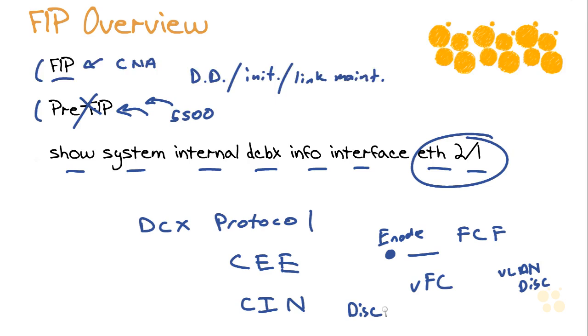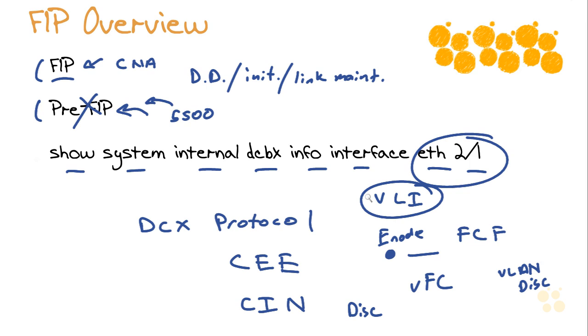Then we have our virtual link instantiation. What a great word. FIP defines the encapsulation of fabric login, fabric discovery, logout, and exchange link parameter frames along with the corresponding reply frames.